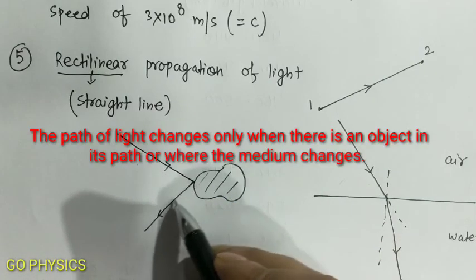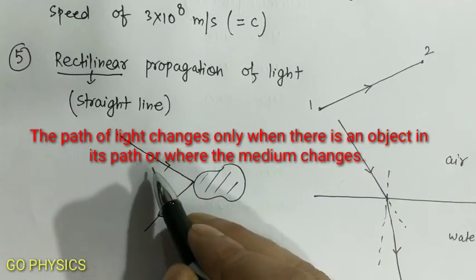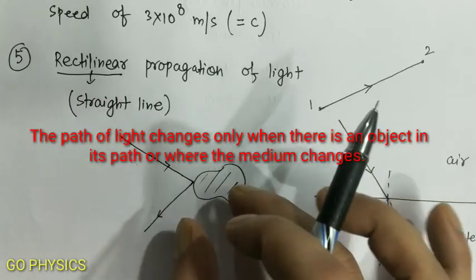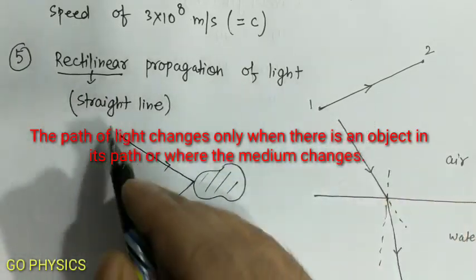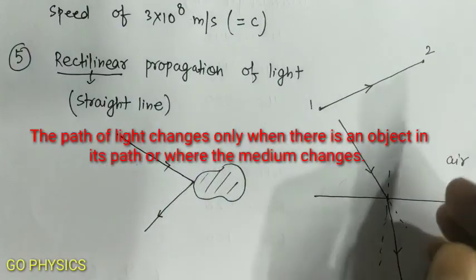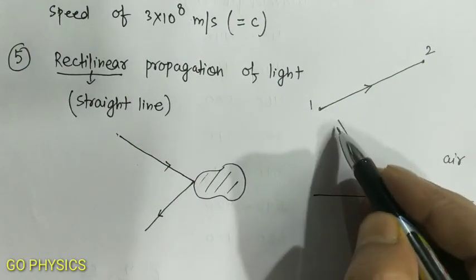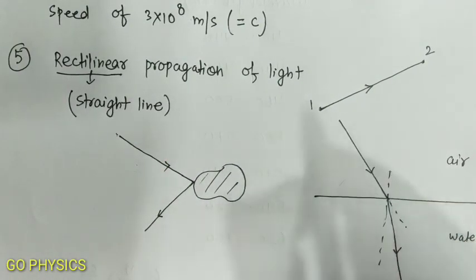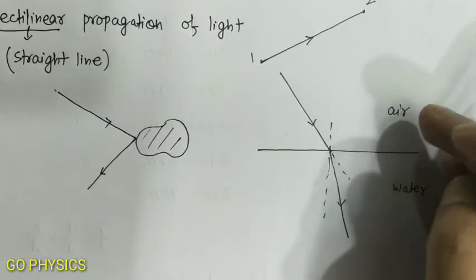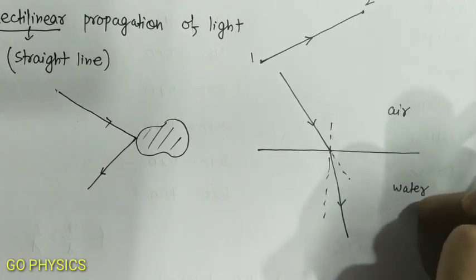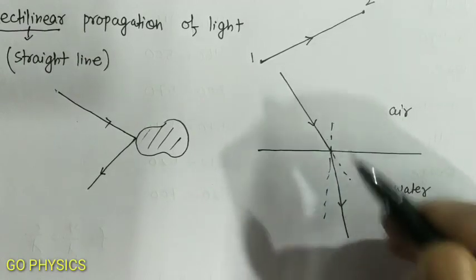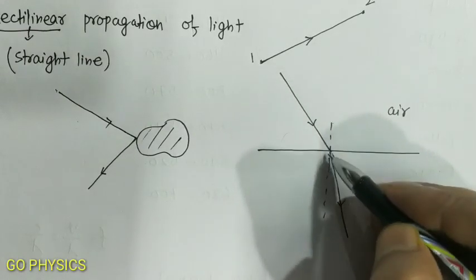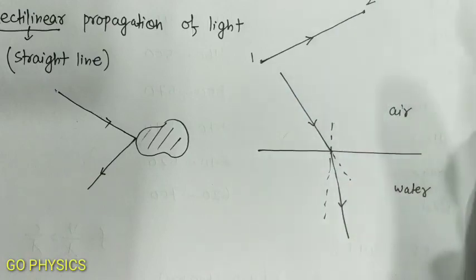So the direction of light will change when an object comes in the path of light, or the direction of propagation of light will change when the medium changes. Medium here is air, medium here is water. So when the medium changes, the direction of propagation of light will change.